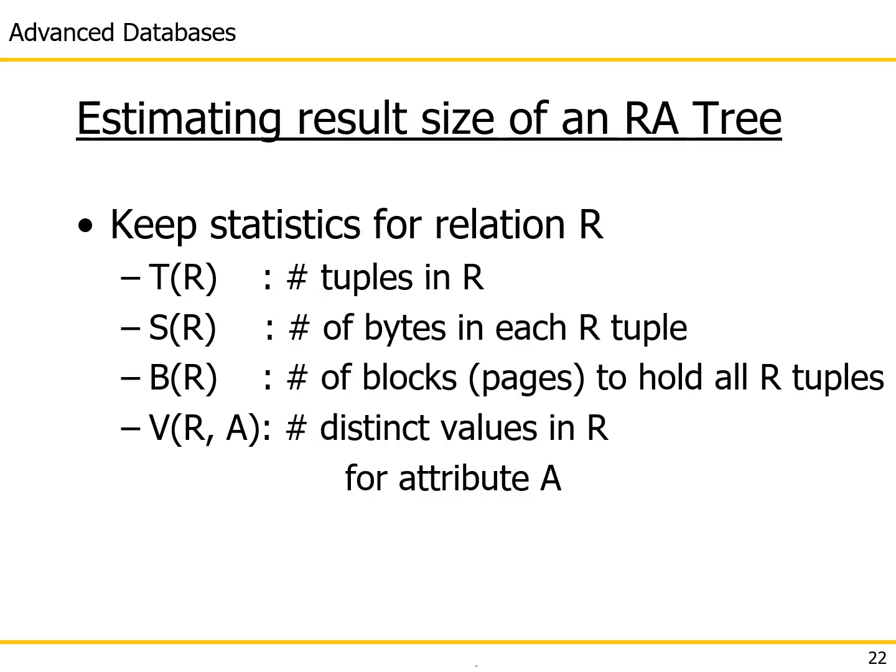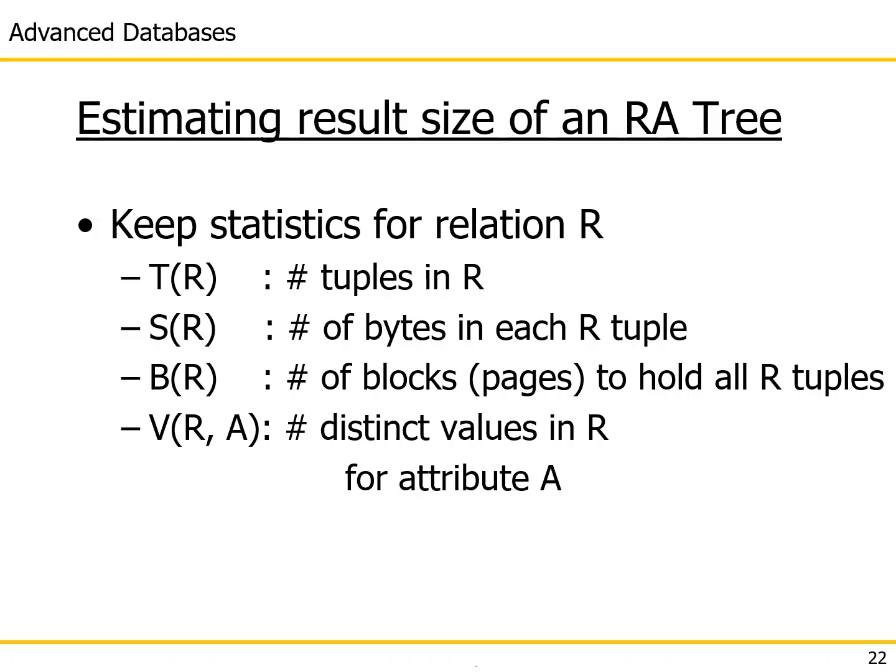Okay? Now, what a database engine does to do this is it keeps statistics about the table. These statistics are stored inside the database engine, just like the data is stored inside the database engine. The stats that get kept are the number of rows in a relation, which we've already used in the heuristics; the number of bytes in each tuple; and the number of blocks or pages that every table is stored in.